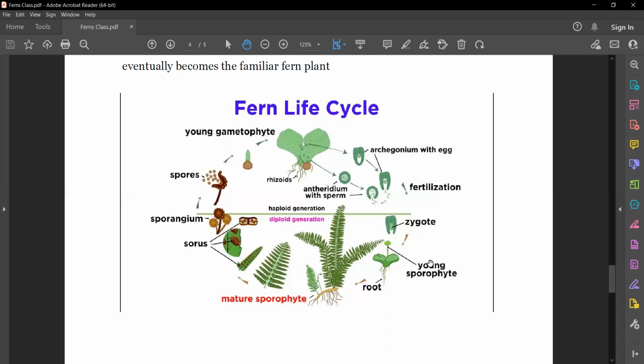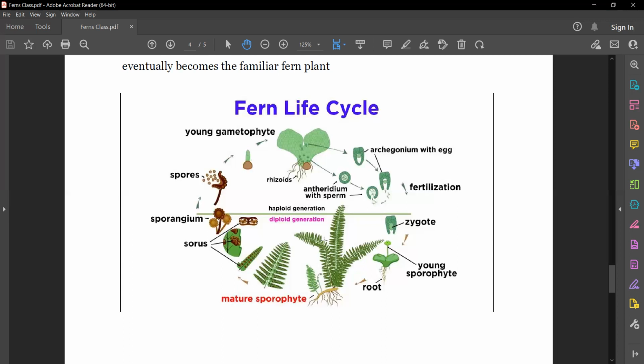So throughout this stage, all these are the sporophytic stages, which are diploid in nature, meaning they have two sets of chromosomes. If, let's say, I tell you the fern, I'm not saying this is true, but the fern has a chromosome set of 46. If you divide 46 into 2, that's 23.